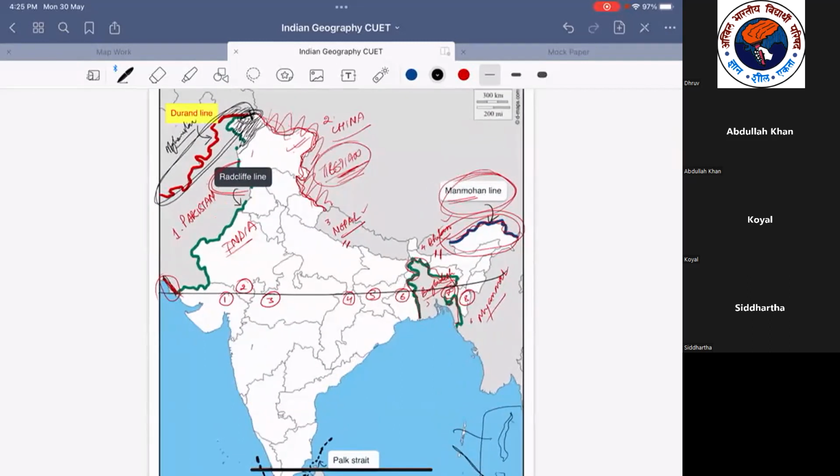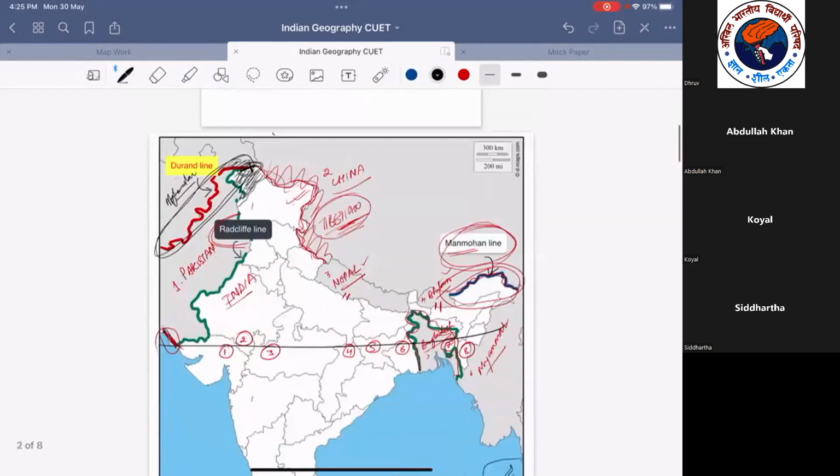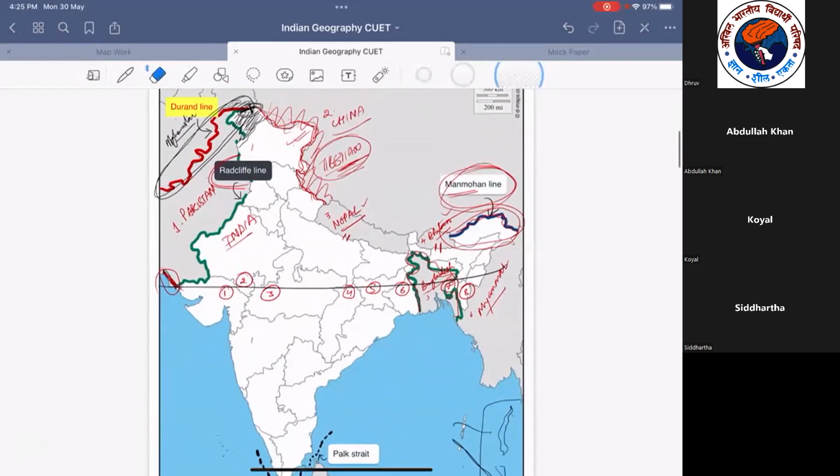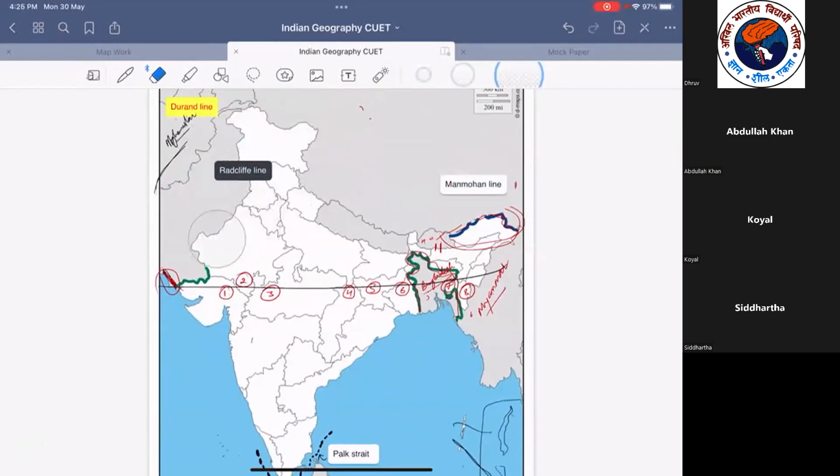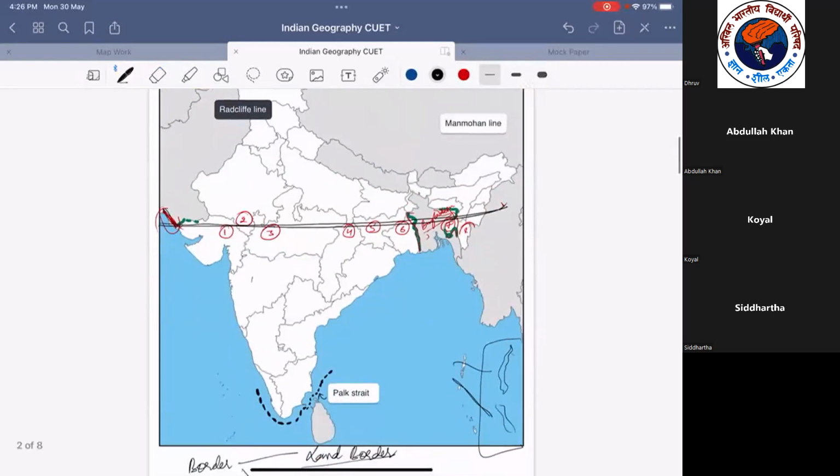This PDF will be shared with more detail. I will erase this. So, okay, first state. So this is the Tropic of Cancer. Now the states that the Tropic of Cancer passes through.